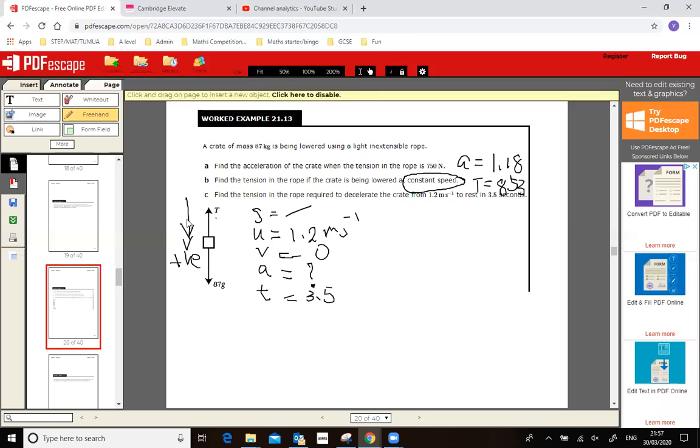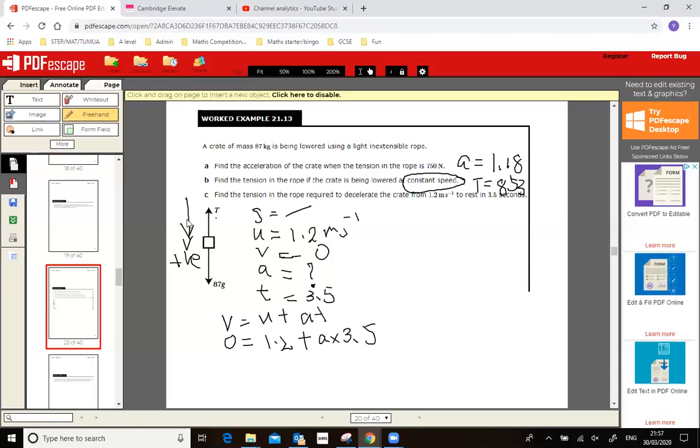So we're looking for a suvat equation which does not involve s, but u, v, a, and t. I'm thinking of this formula, v equals u plus at. So v is 0, so 0 equals 1.2 plus a times 3.5.